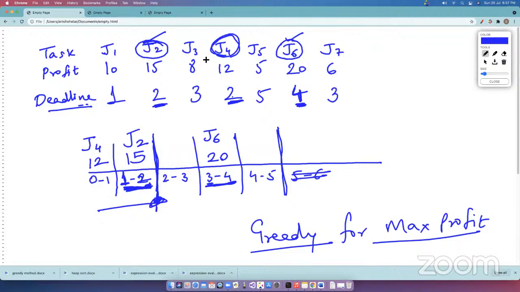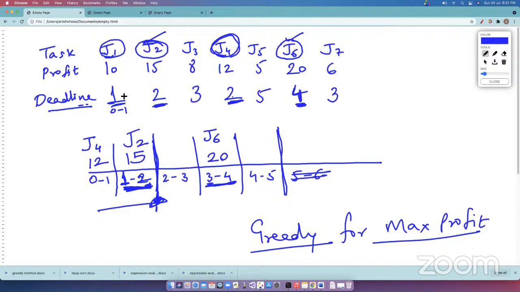Okay. Now, which job will you next do? It should be J1 because the profit is 10. After J2, you will take this J1. But look at the deadline. Deadline of J1 is 1. Now you have a problem here. If the deadline of J1 is really 1, then it has to be done between 0 to 1. You will agree?